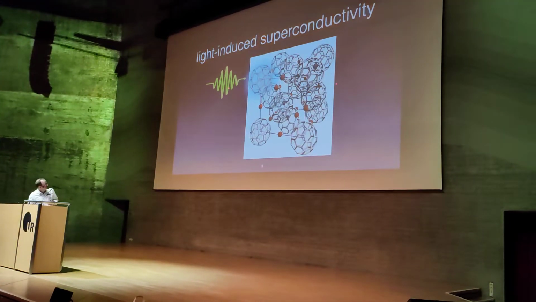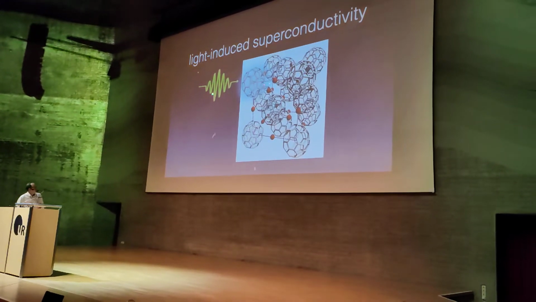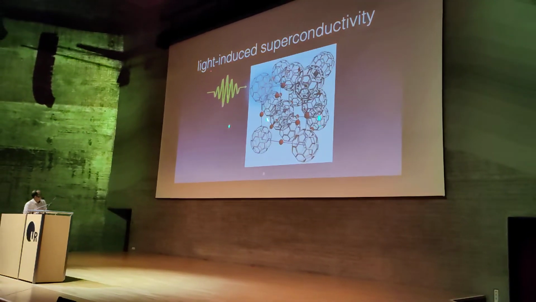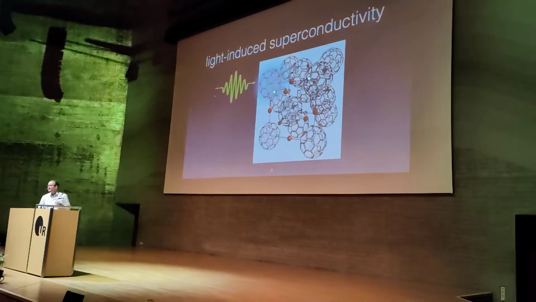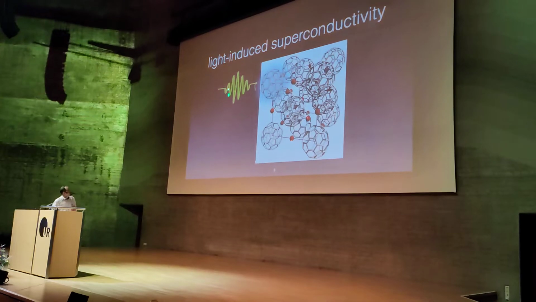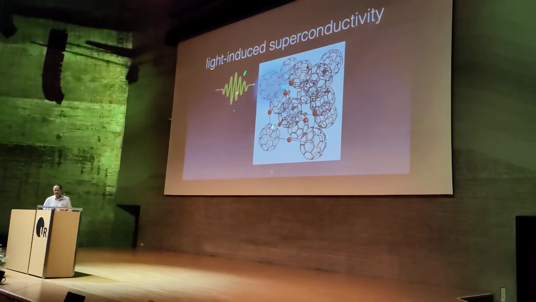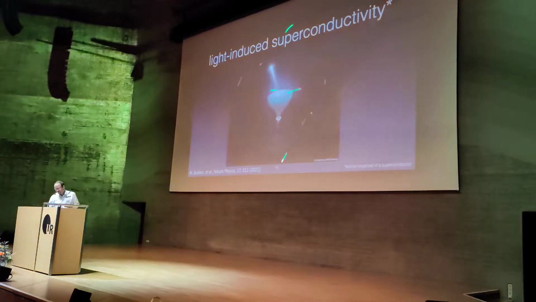Good. So, light-induced superconductivity. We need to come to the rescue and help these guys a bit to become superconducting at higher temperature. So how do we do that? We irradiate the material with lasers, we drive certain modes in the material, and maybe that helps it become a better superconductor.